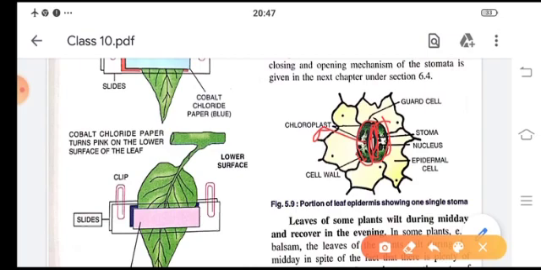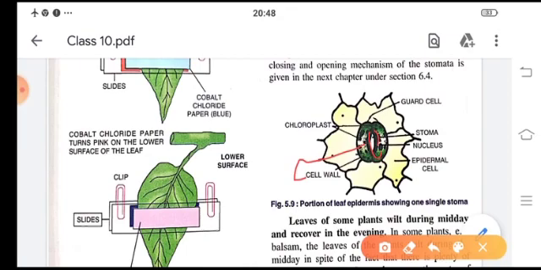So how is this closing and opening done in stomata? During the daytime, these guard cells become turgid in nature due to the absorption of water and the intake of food in them, and due to this the opening between these two guard cells becomes open and wide, and the state is known as opening of stomata.